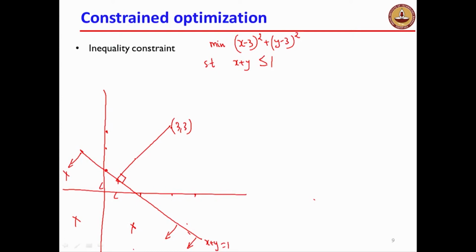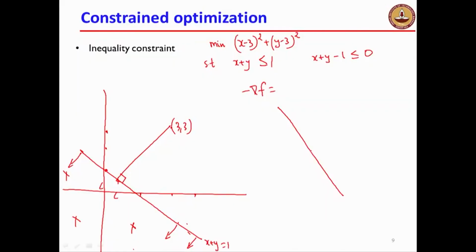Now, the same argument I will use, minus grad f should be equal to... at this point now. Okay, I'll use the same argument. Now what is going to be perpendicular and so on? Let me look at those questions. If I am at this point, remember in the previous case, let me draw it over here just to make it clearer.